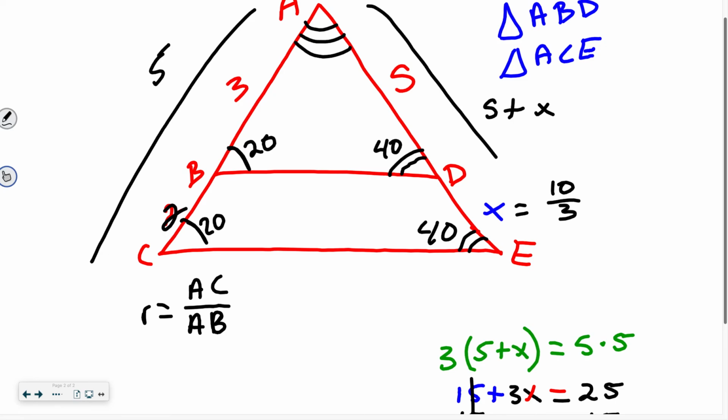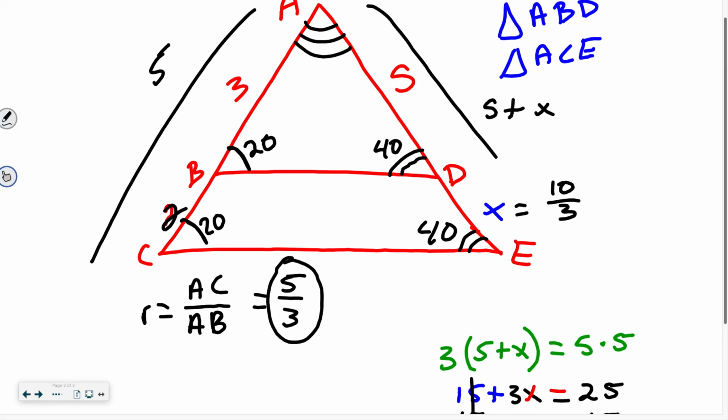That's one way to find the scale factor. And guess what that's going to give me? AC was 5 and AB was 3.